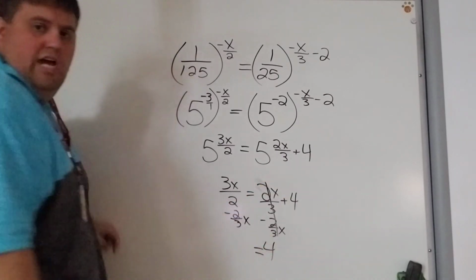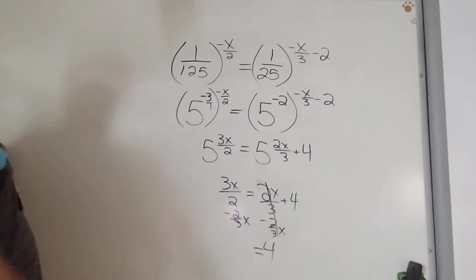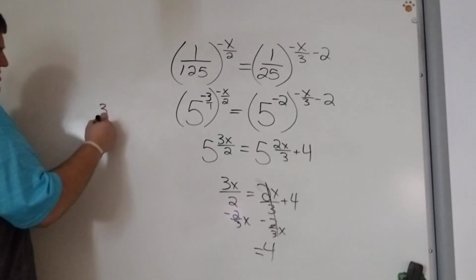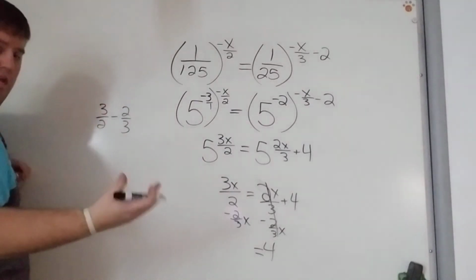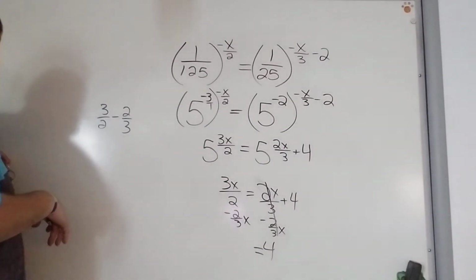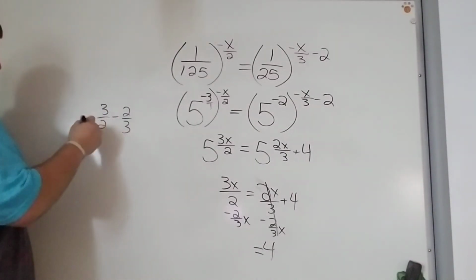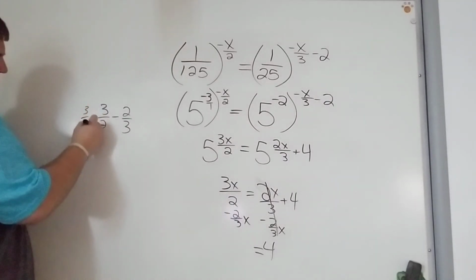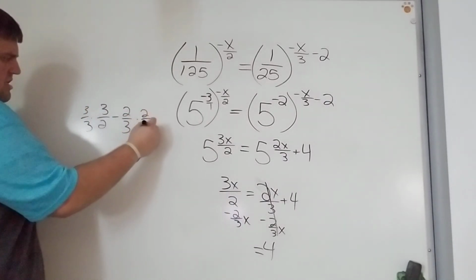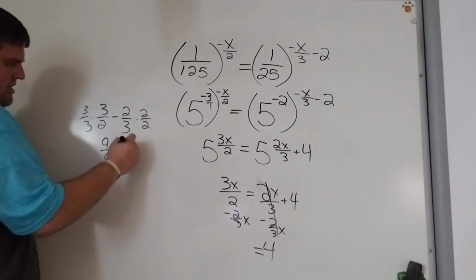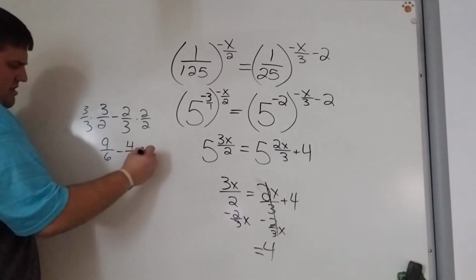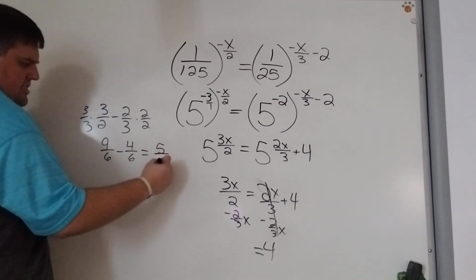Remember, if we're subtracting here, we need common denominators. So 3 over 2 minus 2 over 3. Obviously, you could just do it in your calculator, but I usually don't. So I'm going to change them both to 6's. So that'd be 9/6 minus 4/6, which is going to give me 5/6.